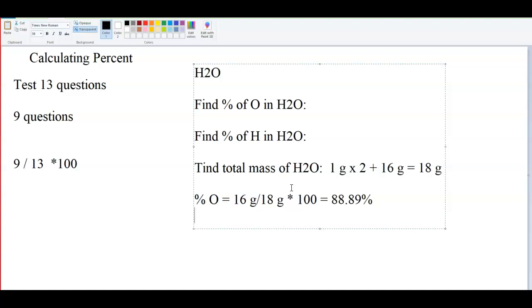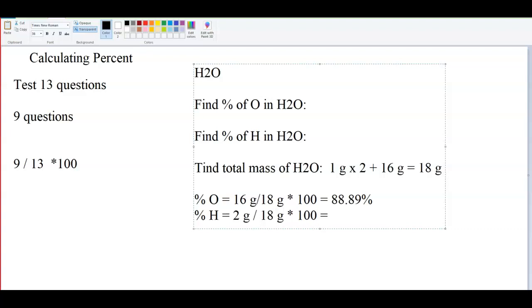Which means that the percent of hydrogen is going to be 100 minus that. Or if you want to do it the long way, you divide the total mass of hydrogen in that compound, which is 2 grams, by the total mass, which is 18 grams. Then you multiply that by 100.